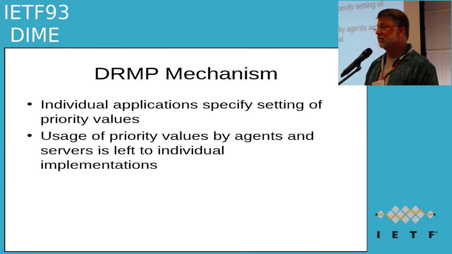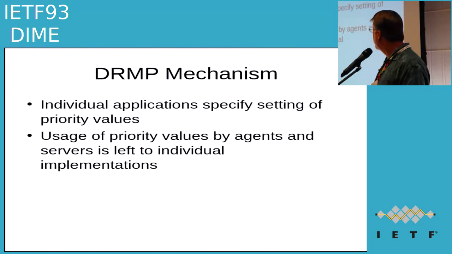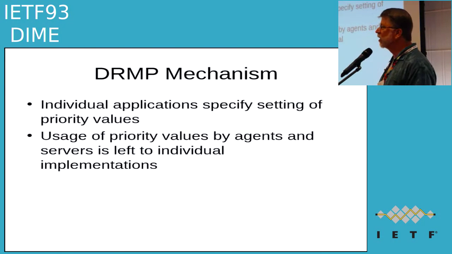Presumably applications would set parameters around when to use priority 0, priority 1, priority 2. The usage of the priority by agents and servers would be up to individual implementations, but probably with some text with guidelines around how you might want to use it.